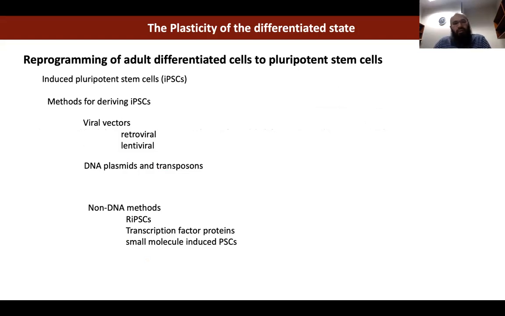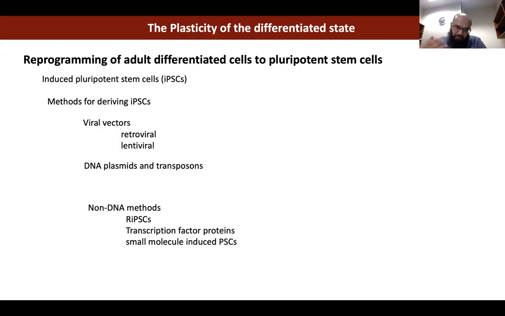So let's then discuss some of the methods that people use to derive induced pluripotent stem cells. We just discussed some of the problems with the viral vectors. Of course, the advantage is that they are much more efficient, and for example, with a lentiviral vector, you can keep the expression for a longer duration of time.